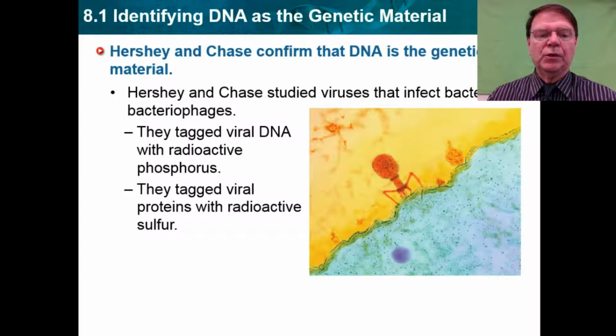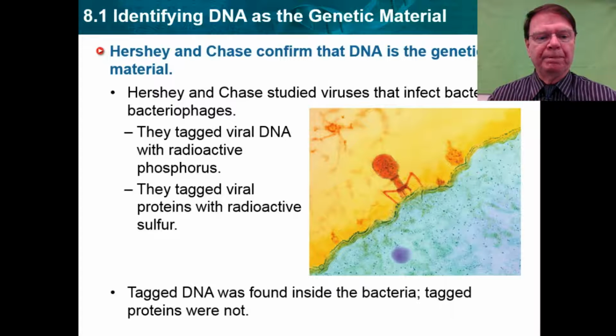And they also were able to tag viral proteins with radioactive sulfur, because that's an important constituent of many proteins. It was the tagged DNA that was found inside the bacteria, while the proteins remained outside. So obviously there was a carrier here that carried the DNA from one species to the other.